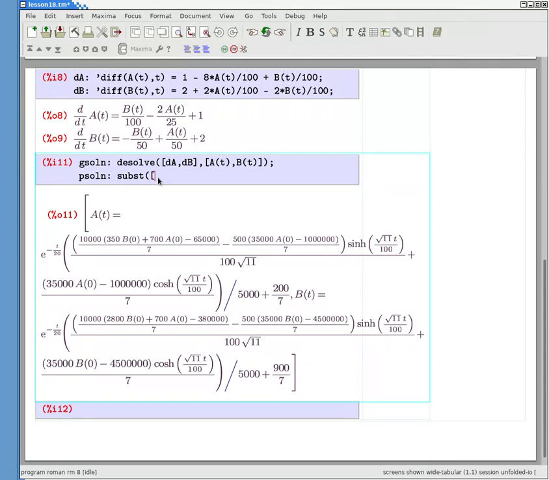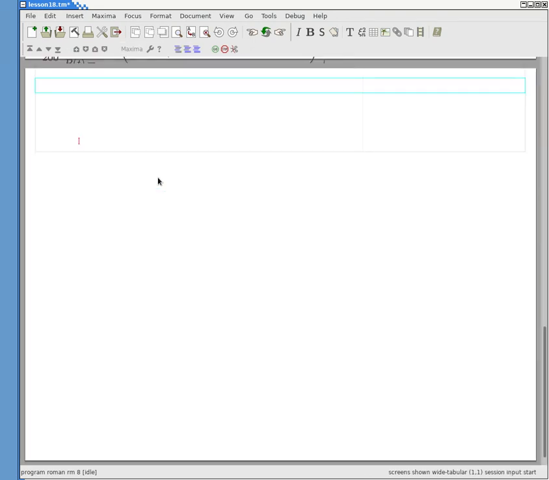Let's say that the initial number of infected patients within clinic A is 50 and that in clinic B is 200, and we will substitute these values within the general solution. Evaluating this now leads to a slightly simpler form.